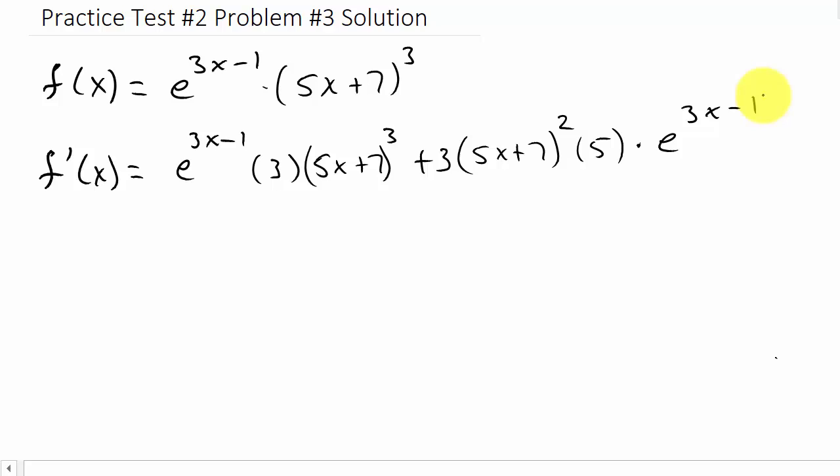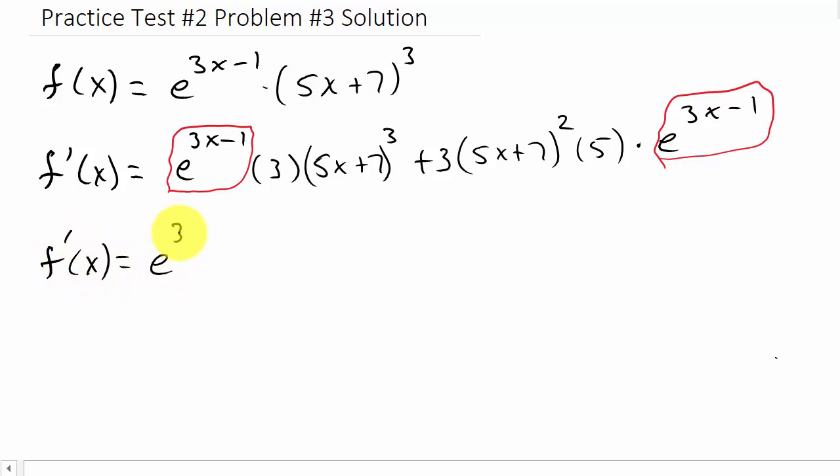Alright, so let's clean this up some. Look at this. We've got a common factor of e to the 3x minus 1. We can factor that out. So we get f prime of x is equal to e to the 3x minus 1.